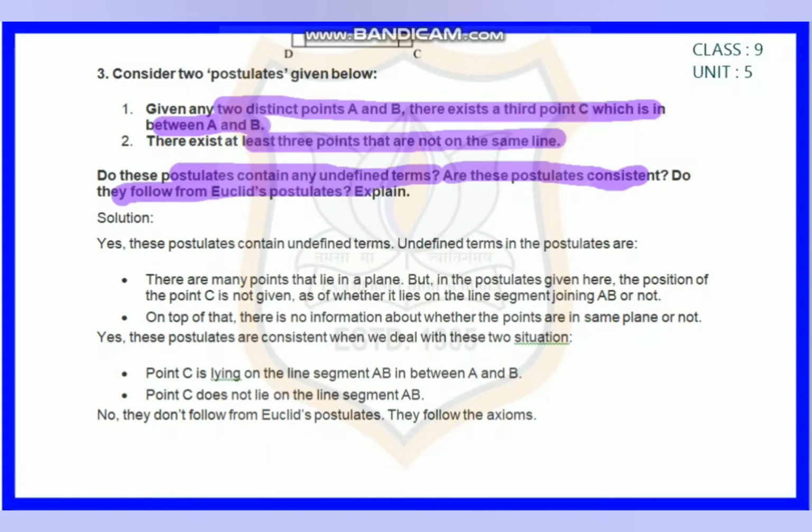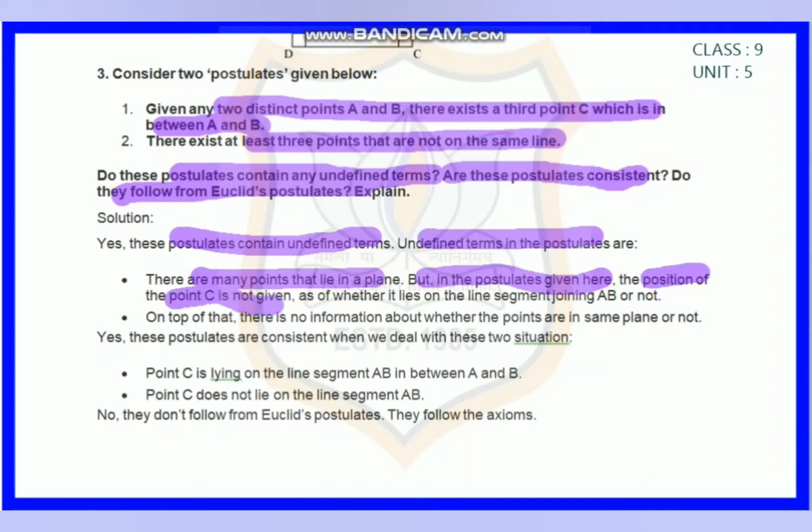Yes, these postulates contain undefined terms. The undefined terms are that there are many points lying in a plane, but in the postulates given here, the position of C is not given, or whether it lies on the line segment joining AB or not.